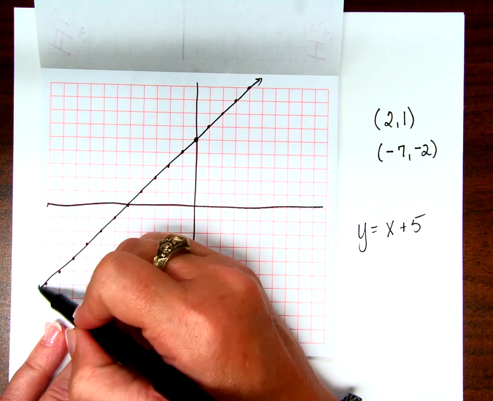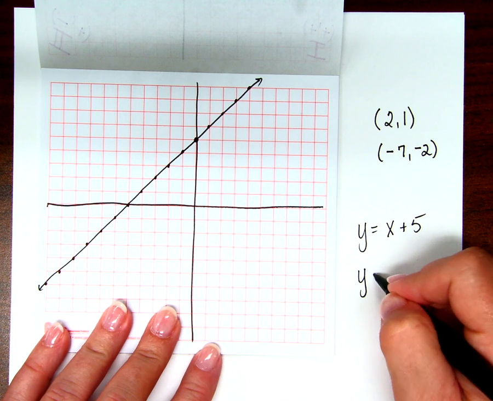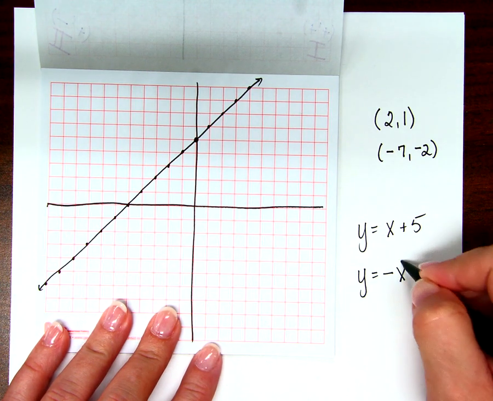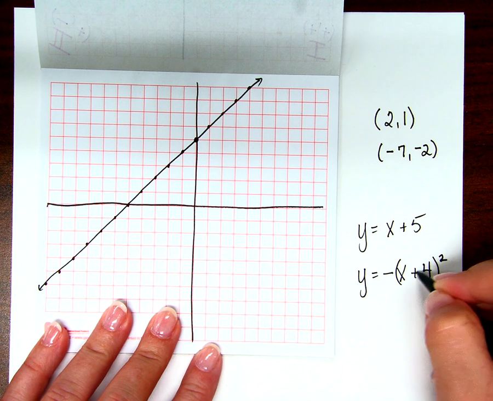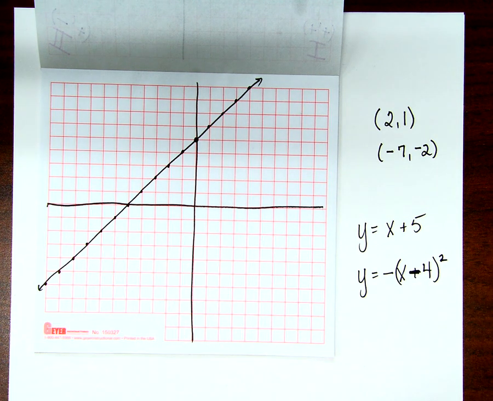Okay. What if I ask you to graph this? I meant that to be a minus. I even wrote a minus and then crossed it. Do you remember how to plot those? How to graph that? Do you remember your transformation rules?